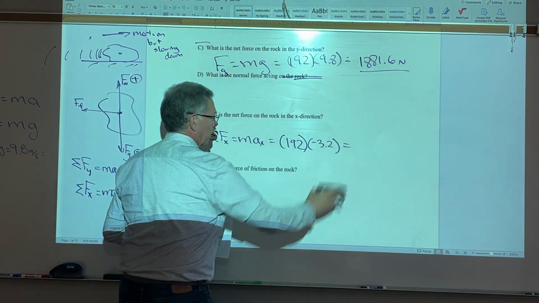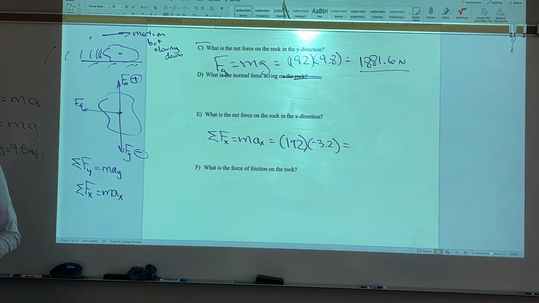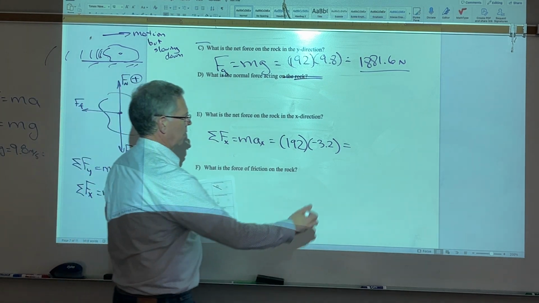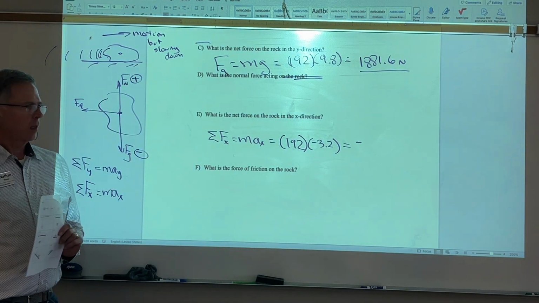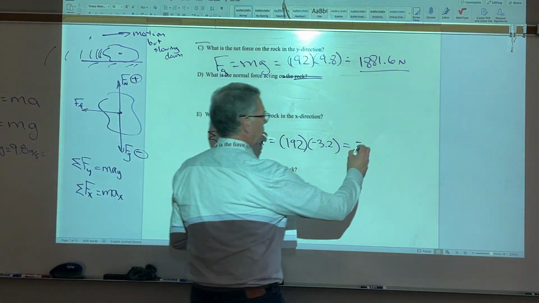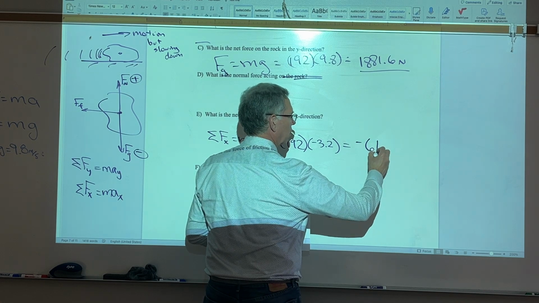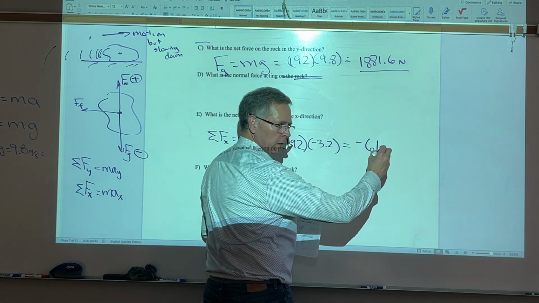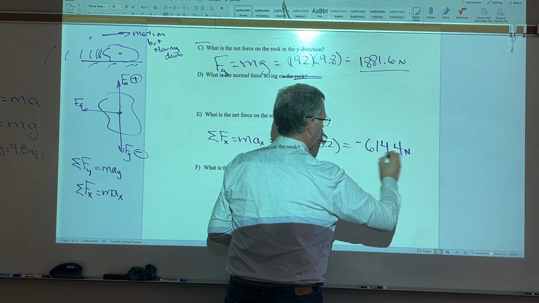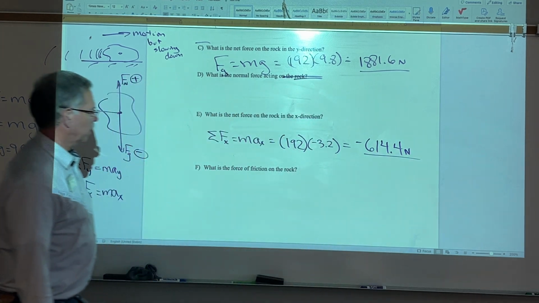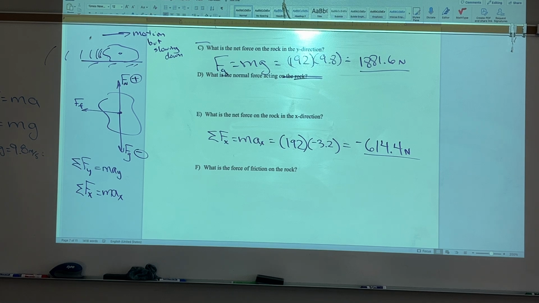What's my net force in the x direction? Negative 614.4. Yes. All right, great, that's my net force in the x direction.